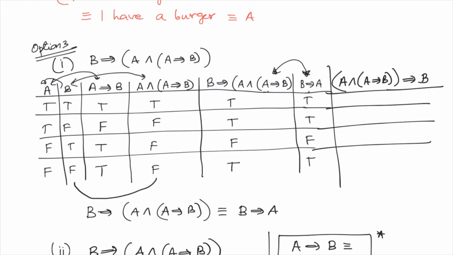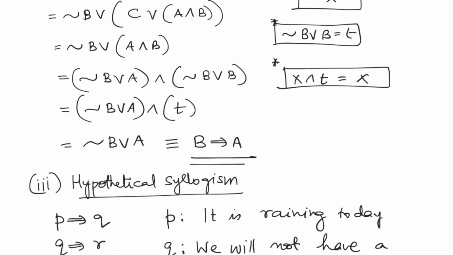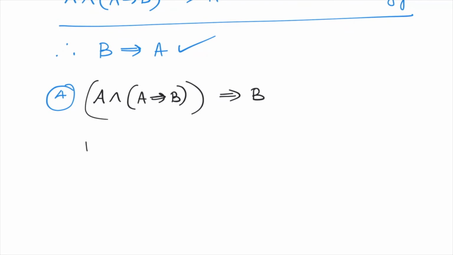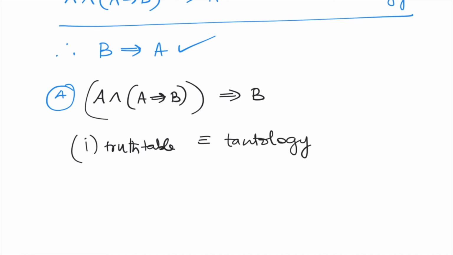So this implies this. Again, T implies T is T. F implies F is T. F implies T is T. F implies F is T. You see that that is a tautology. So from the truth table, this is a tautology. Okay, that is one approach.